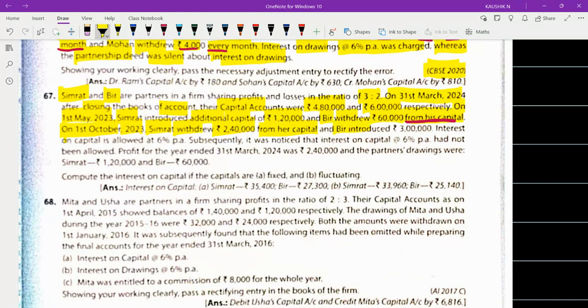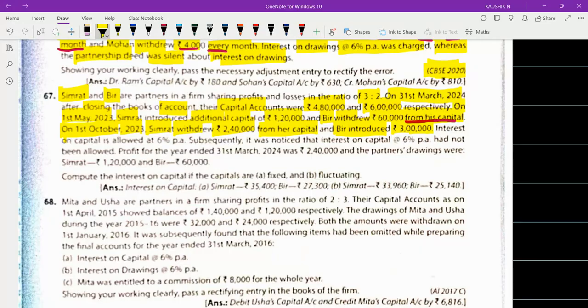And Bir has introduced rupees 3 lakh. You will understand? So one time one partner is introducing while the other partner is withdrawing, and another time it is the other way around.